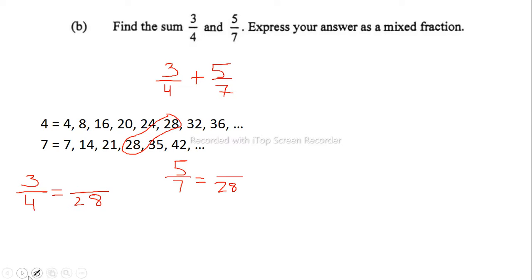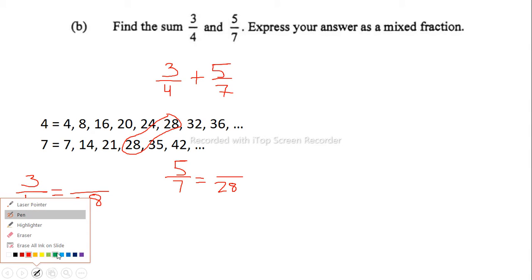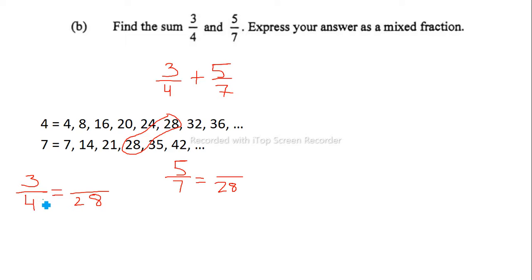What times 4 gives me 28? 7. Whatever I do to the bottom, I must do to the top.